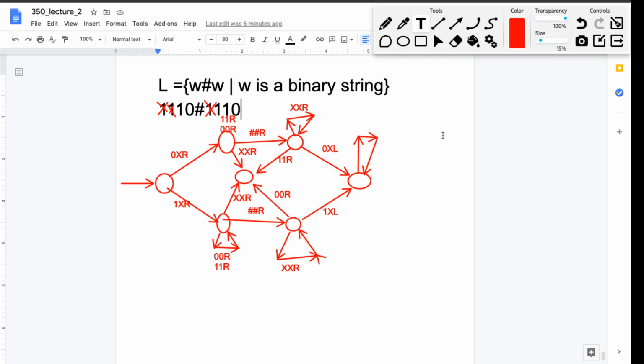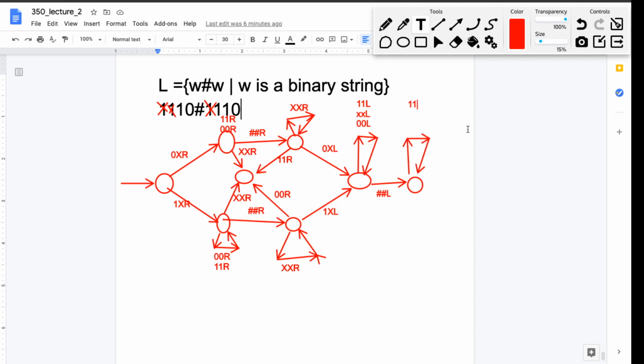But anyway, so 1 L, XXL, 00L, then there should be pound sign. The transition on the pound sign is what? Pound, L, and again you loop on the same transition, on the same symbols.